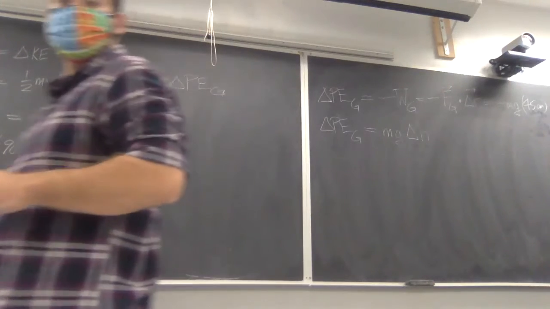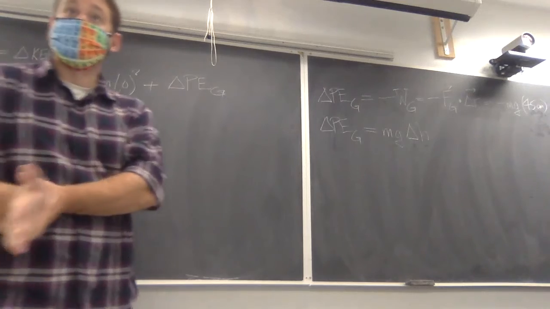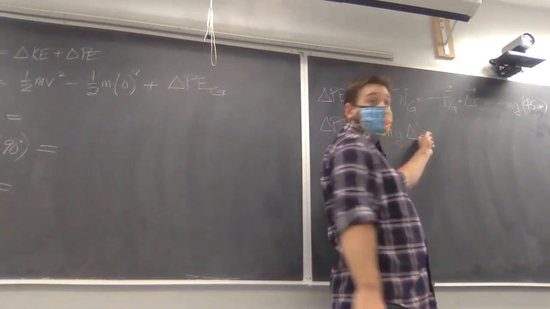I was about to say, what about left and right, but that would be friction. Gravity doesn't care about that. Gravity only wants the vertical part of our motion. Only the height.